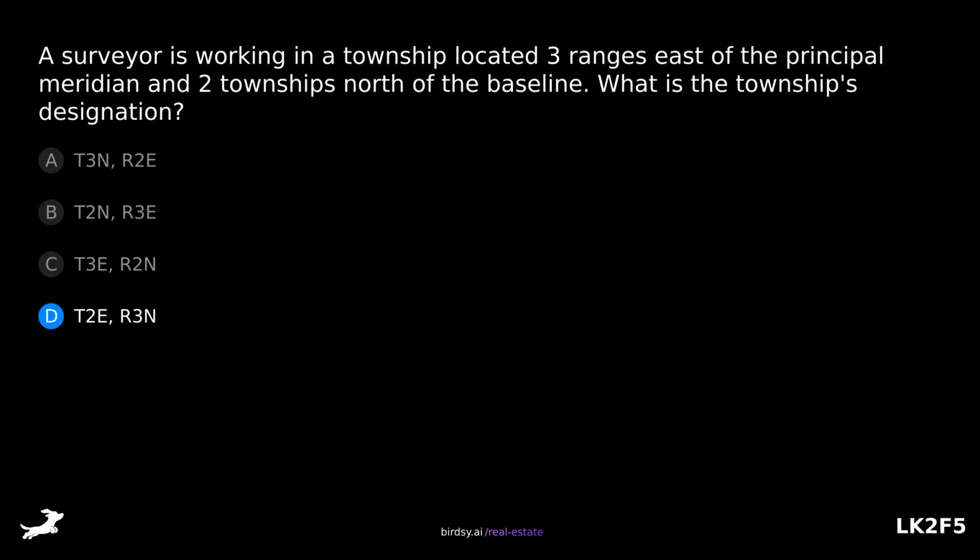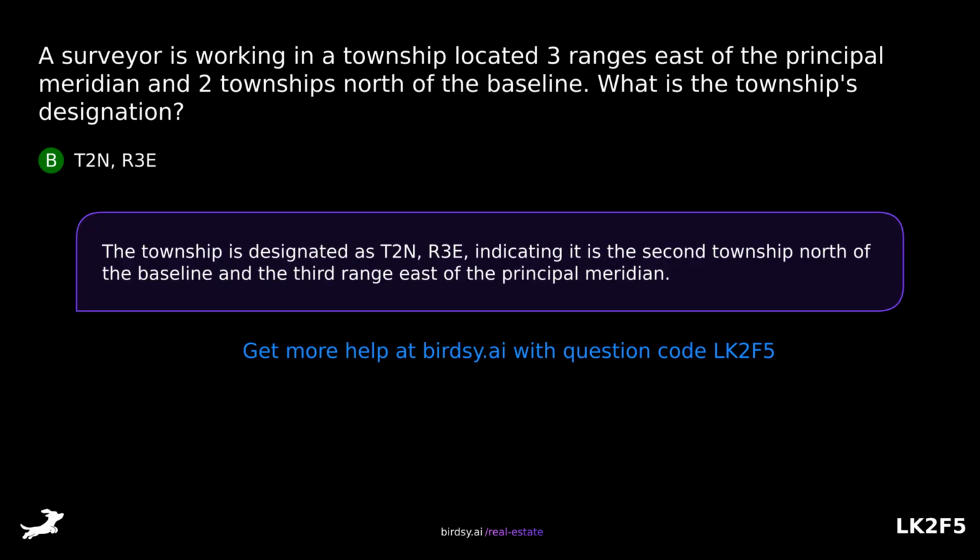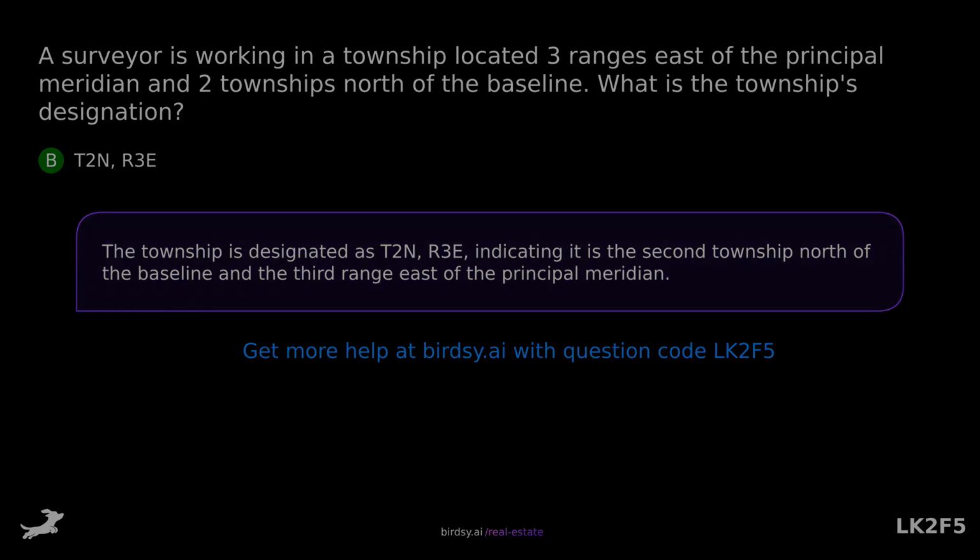Or D, Township 2 East, Range 3 North? The answer is B, Township 2 North, Range 3 East. The township is designated as Township 2 North, Range 3 East, indicating it is the second township north of the baseline and the third range east of the principal meridian.